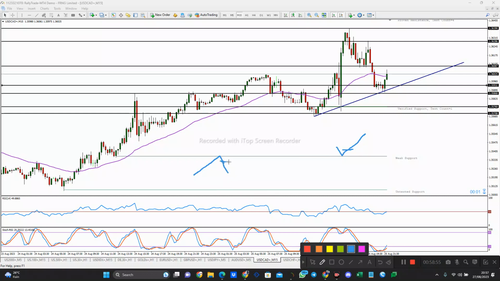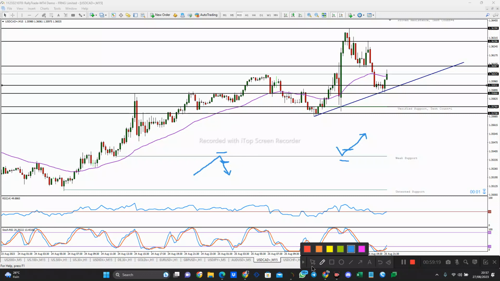You want to be selling close to a resistance, and you want to be buying as close as possible to a support. So you put your stop loss here, and you should be good to go.